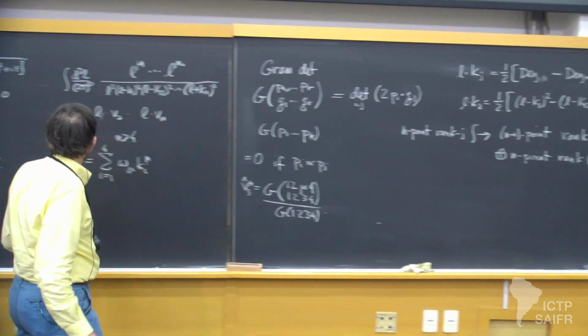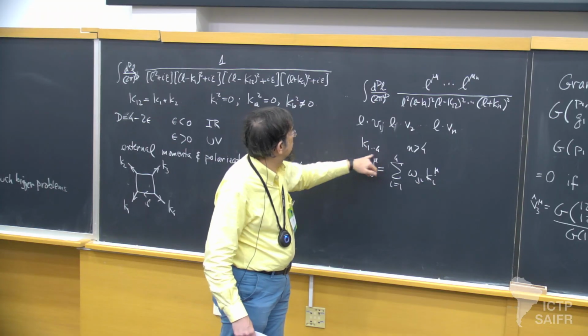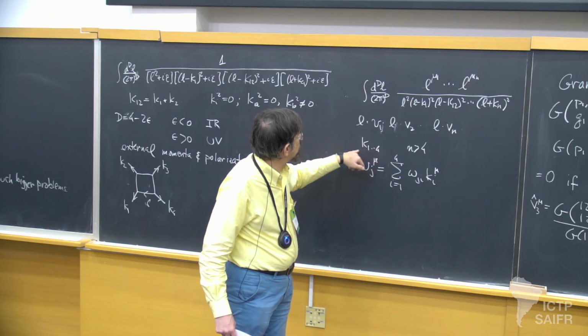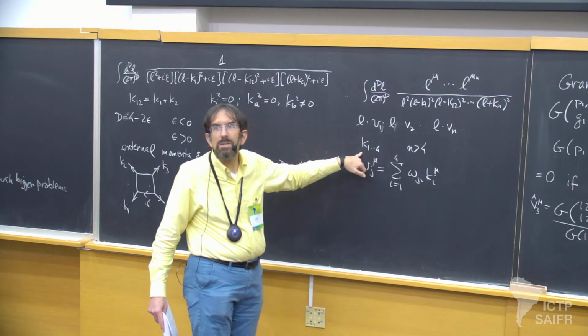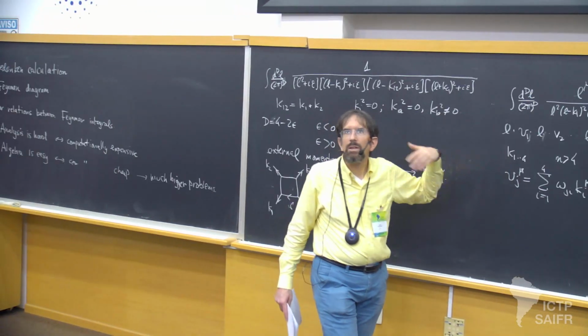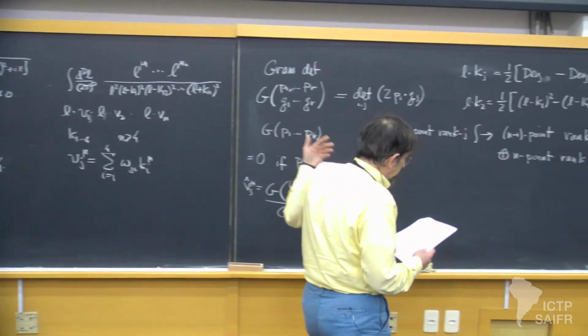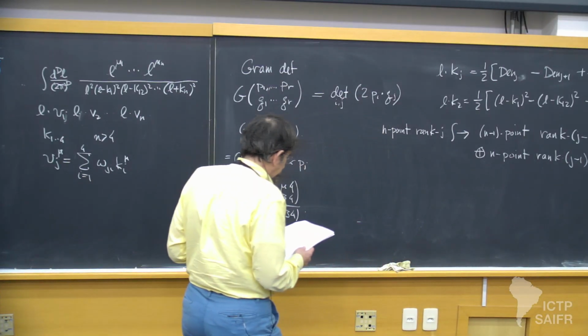And in particular, the basis set of momenta then may have to change. There's nothing incidentally wrong with choosing massive momenta to be in this basis. It doesn't change anything. You can always express a given external vector in terms of them.